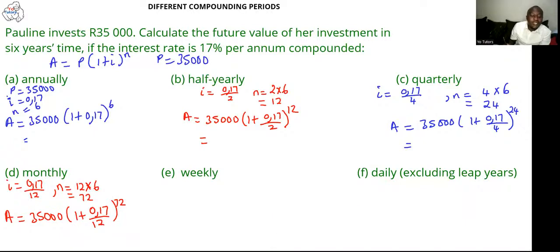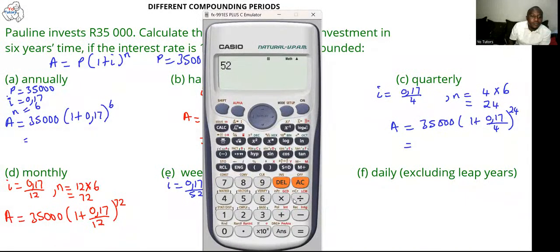Okay, what about weekly? Let's see with weekly there. Our I is going to be equal to 0.17 over 52. Remember, 52 weeks in a year. And what is our n? Our n is going to be equal to 52 times 6. 52 times 6, we get 312.